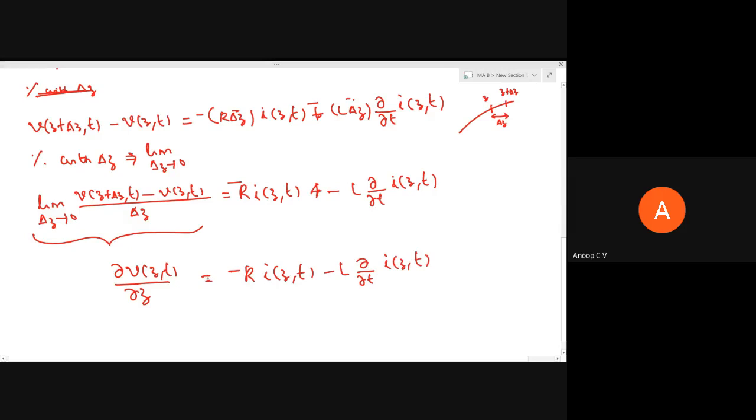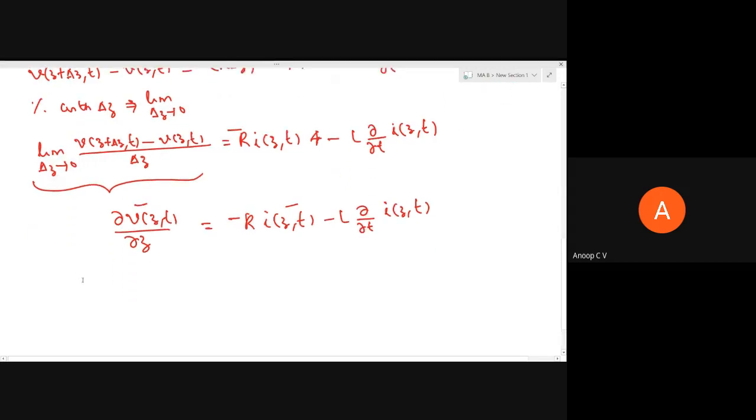Of course, whatever small v's and small i's there are, it's obvious that these are functions of z and t. So to simplify and make it less complicated, I can omit this argument. Instead of small v of z comma t, I'll write only v, and instead of small i of z comma t, only small i. But you have to keep in mind that small i and small v are functions of z and t.